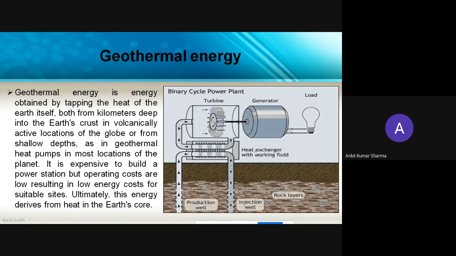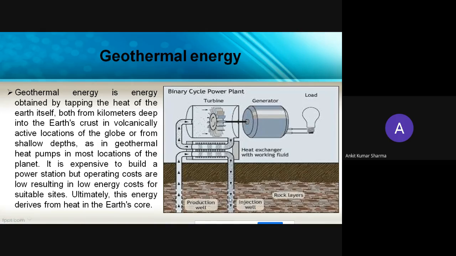Here the heat exchanger works with a working fluid, and it extracts the heat from the production well to the turbine blades. This heat is converted into pure saturated steam and injected into the turbine blades, which are coupled to the generator shaft, and finally we get the desired output.